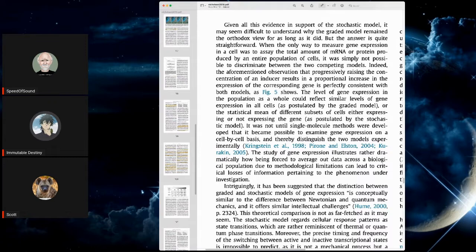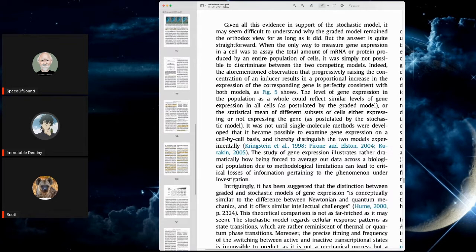The level of gene expression in the population as a whole could reflect similar levels of gene expression in all cells, as postulated by the graded model, or the statistical mean of different subsets of cells, either expressing or not expressing the gene, as postulated by the stochastic model.